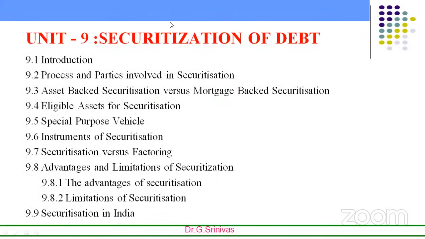Under this unit, we are going to discuss introduction, process, and parties involved in securitization, asset backed securitization versus mortgage backed securitization, eligible assets for securitization, special purpose vehicle, instruments of securitization, securitization versus factoring, advantages and limitations of securitization, and securitization in India. These are the concepts we are going to discuss under Unit 9.